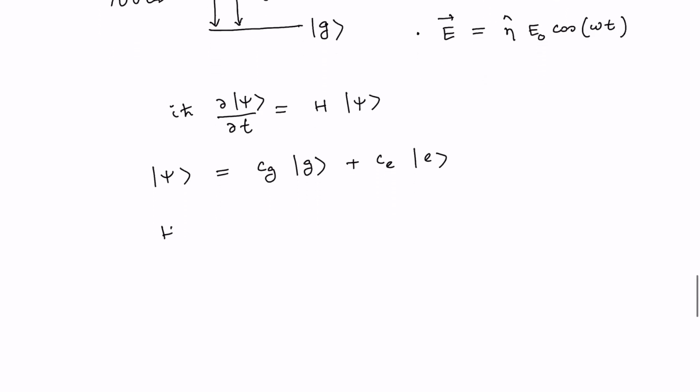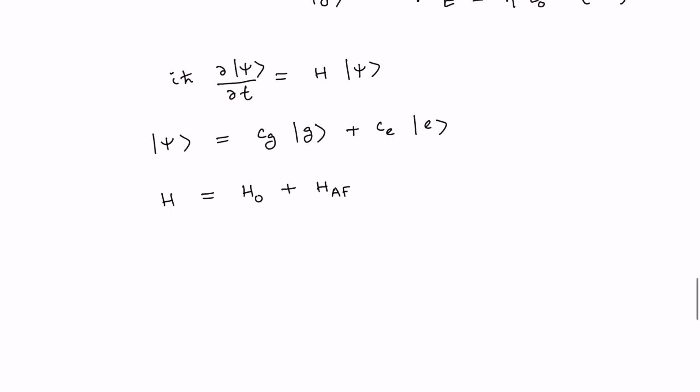And also you recall that the total Hamiltonian was given as H0, the component for the isolated atom, and then there is an interaction term between the atom and the field. The isolated part, when the atom is not interacting with the field, was given as ħω0 |e⟩⟨e|.